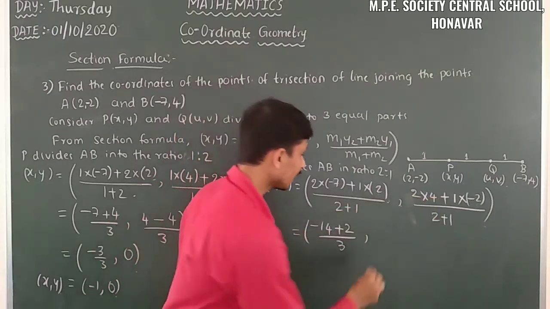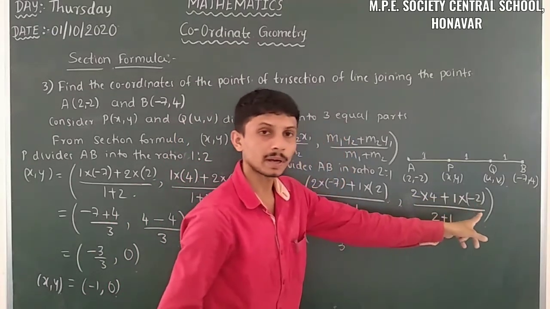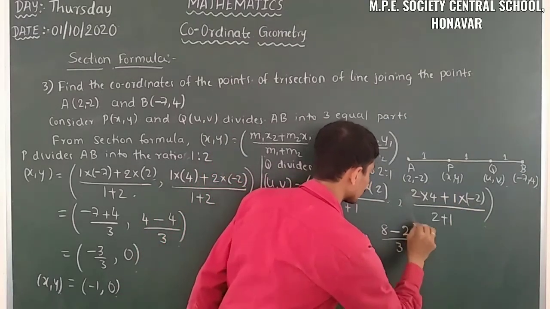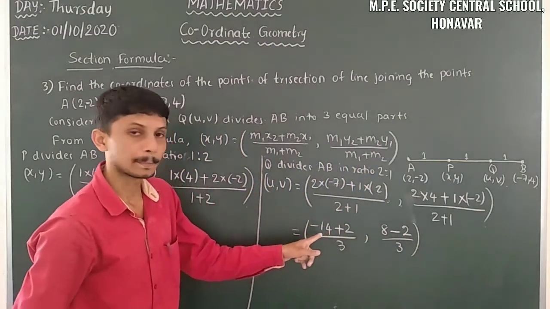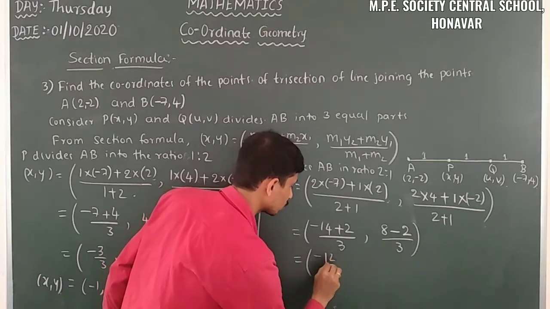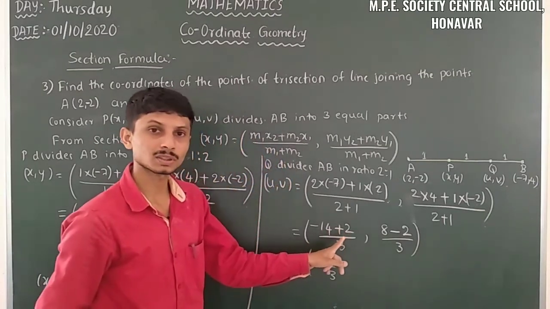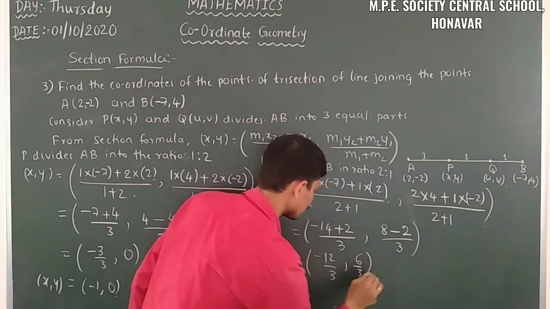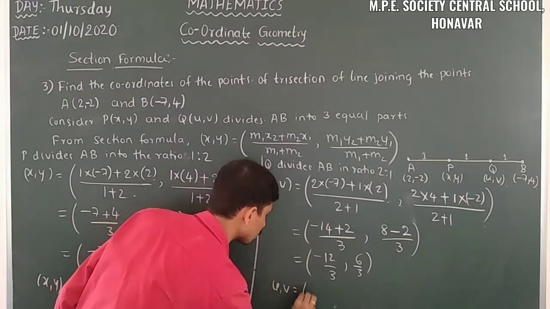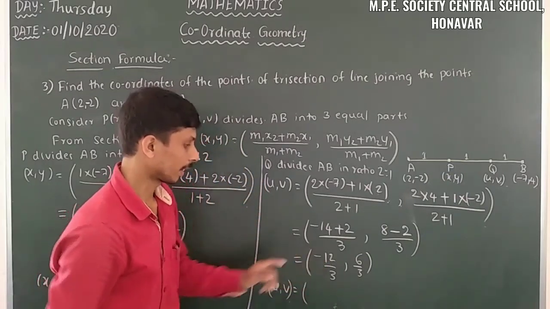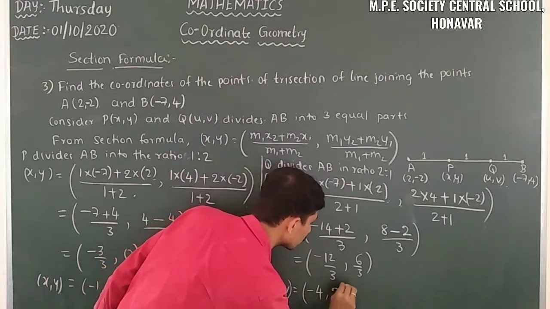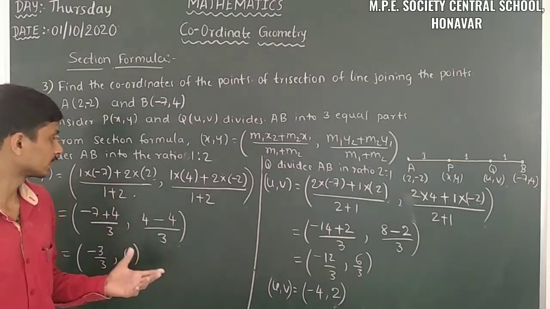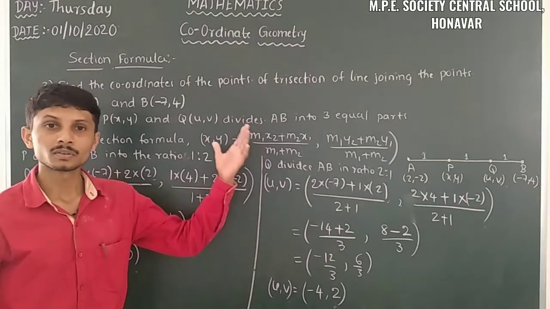Then 2 into 4 is 8, minus 1 into 2, that is 8 minus 2, by 3. So -12 by 3, and 6 by 3. Then (u, v) is equal to (-4, 2).